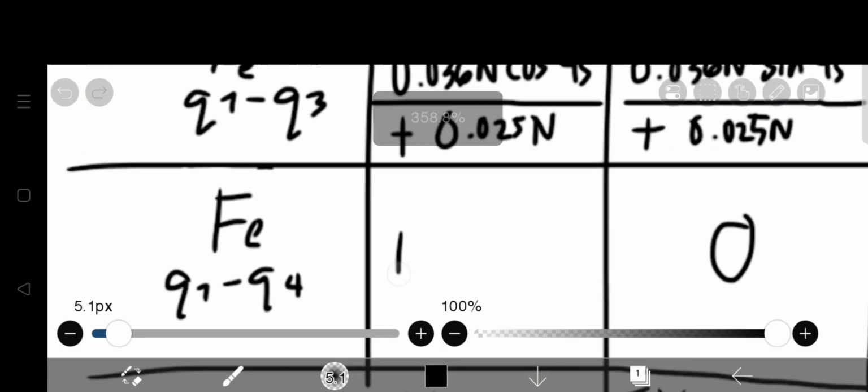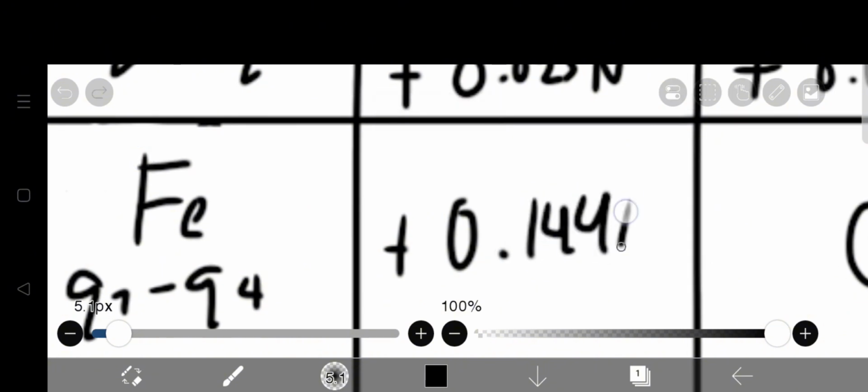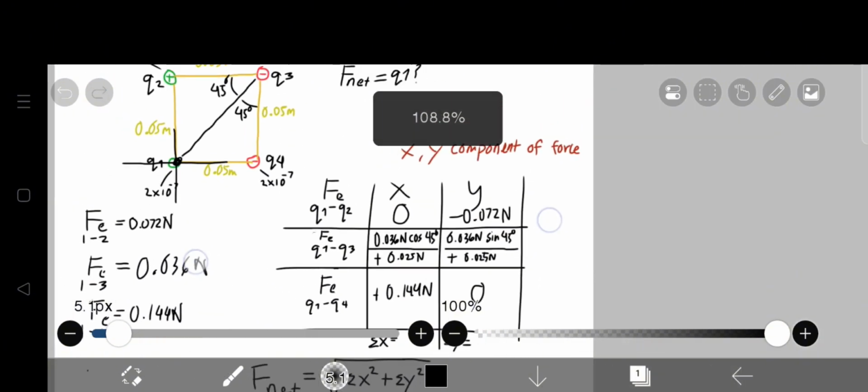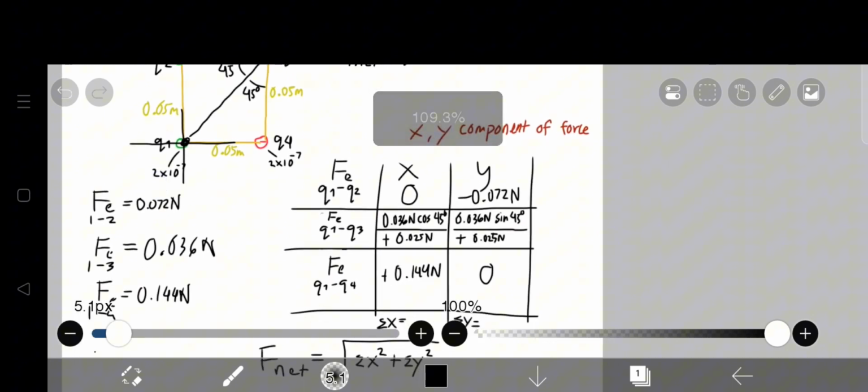Bakit positive 0.144 newtons? As you can see, yung Q1 and Q4, meron silang attractive force. Ngayon si Q1, hinahatak siya ni Q4 to the right. And ang right ng Cartesian plane ay positive. So, the x would be positive. So, positive 0.144 newtons.